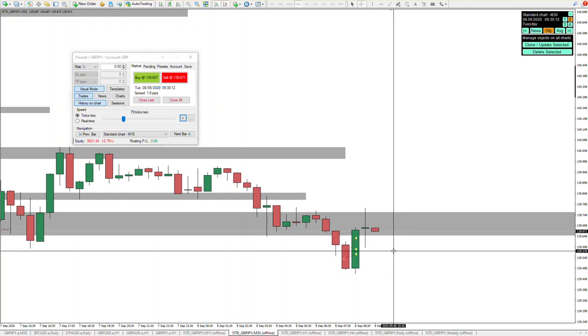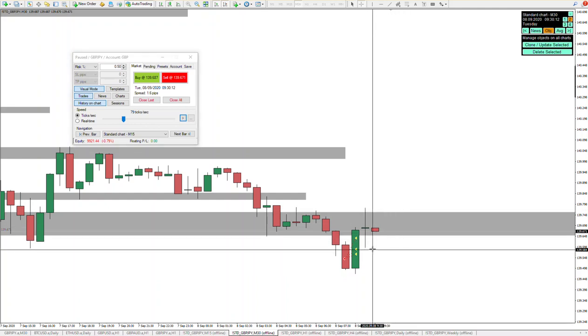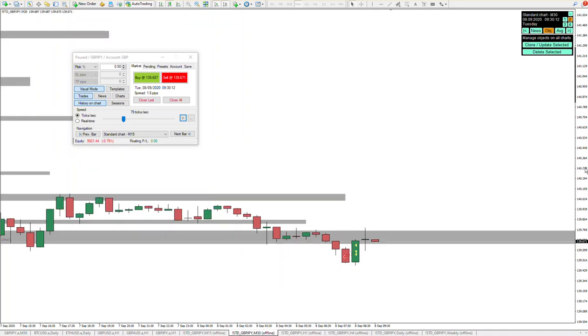Well, the situation really weakens if we break this low, but there's no room for a trade. Only 9 pips with risk of 21. That's a no-go. So for selling, we have to wait to break this low.